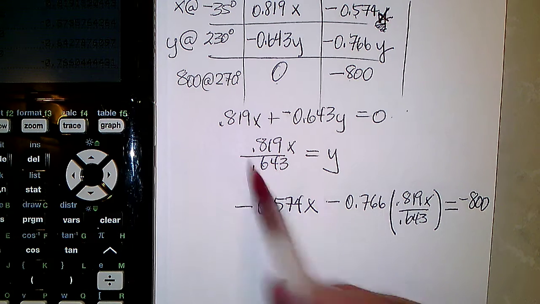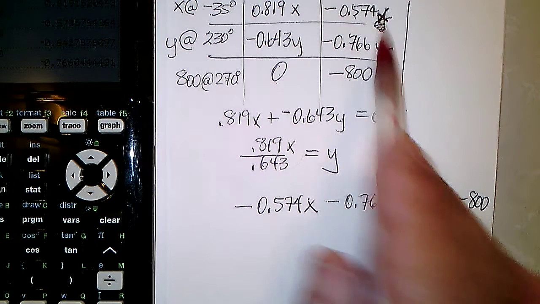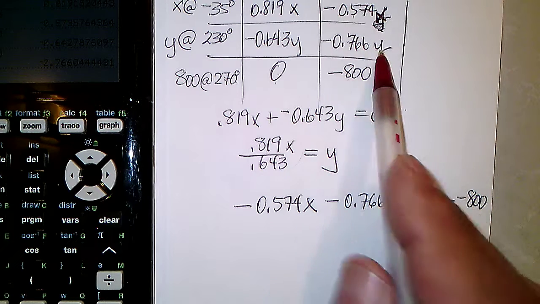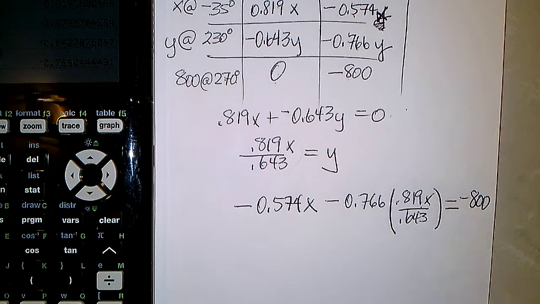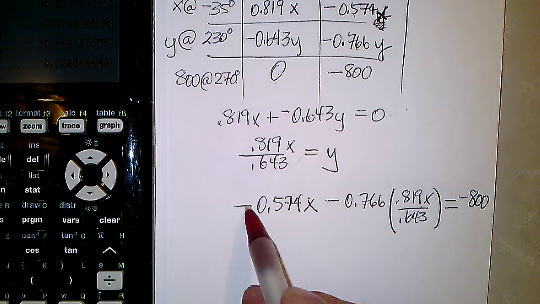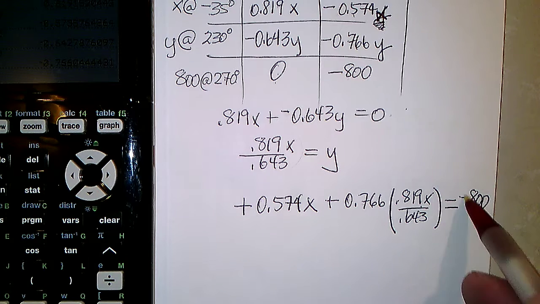So I put this in for the y, and so I got that many x's minus that many x's equals negative 800. So I can multiply everything through by minus 1, make this look a little nicer.